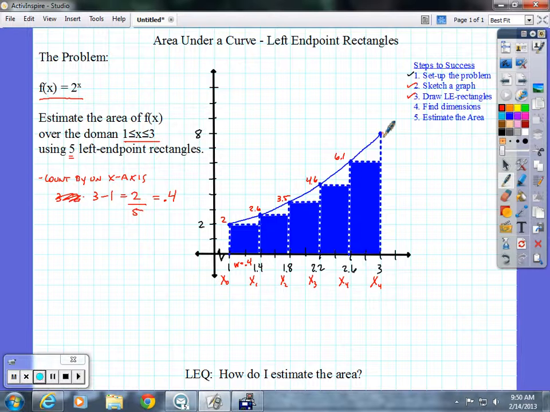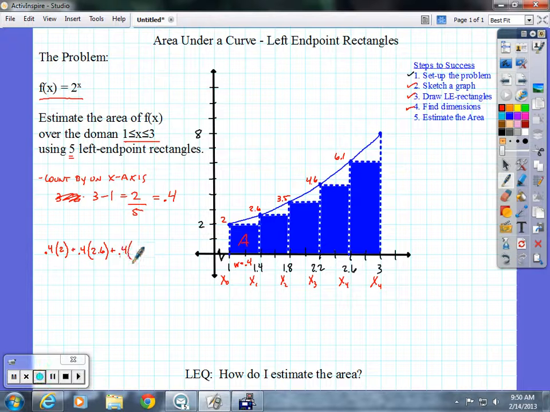So I'm going to find the dimensions, check, estimate the area. That's the last step. So 0.4 is my width times my height of the first rectangle. We'll call that rectangle A. So it's times 2. Plus 0.4 for my second rectangle, the height is 2.6. And again, those are the y values of my function.